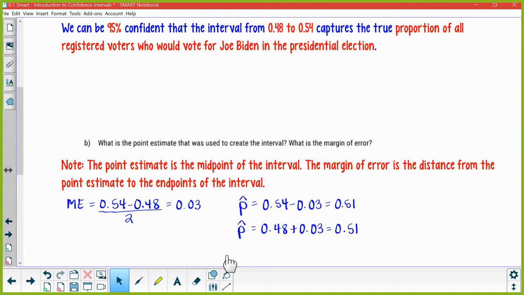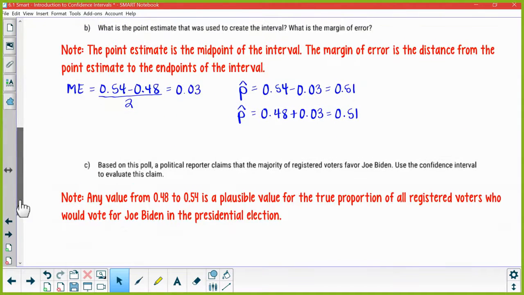Both take me to my point estimate being 0.51. So what this means is when I got my sample, the sample proportion was 0.51. And I built my confidence interval around that sample proportion. So 0.51 is my center. It goes out 0.03 in the positive and the negative direction in order to create my confidence interval.